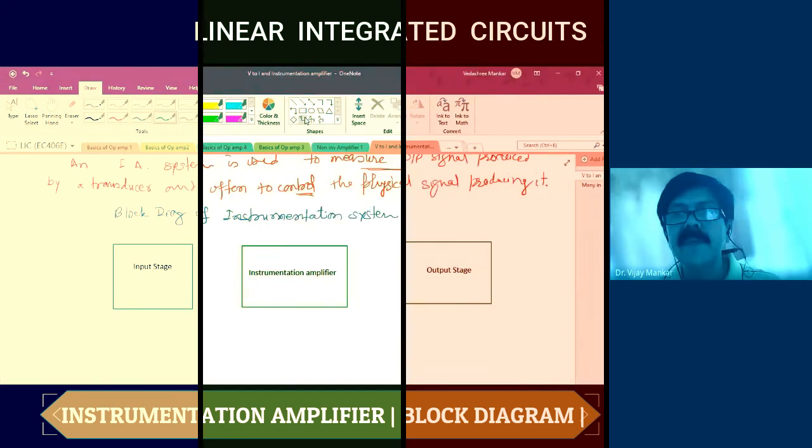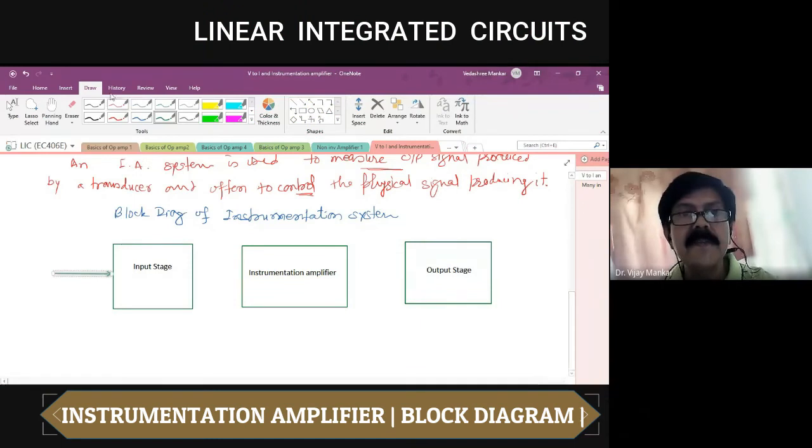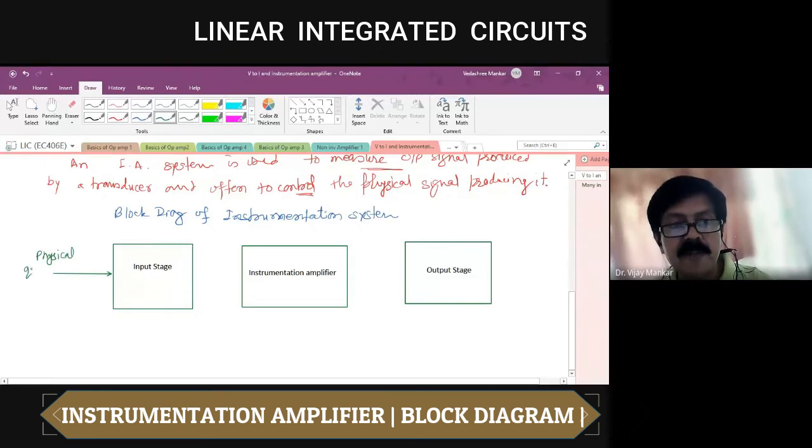Now here what you will observe, this will be the input, which is a physical quantity जो हमको measure करना है या monitor करना है. Physical quantity वो कुछ भी हो सकती है, वो temperature हो सकता है, pressure हो सकता है, humidity हो सकता है. So to be measured, this we are applying to the input stage, and after this it can be routed to a longer distance.